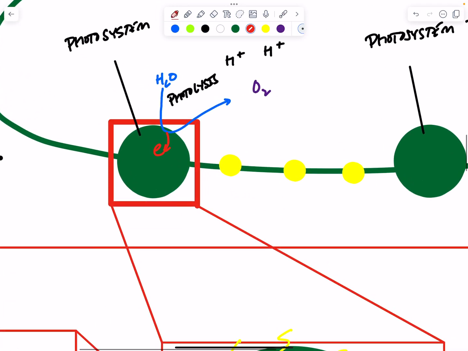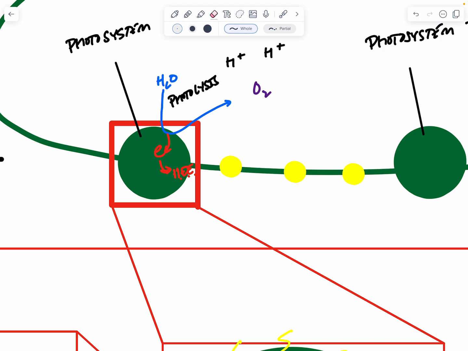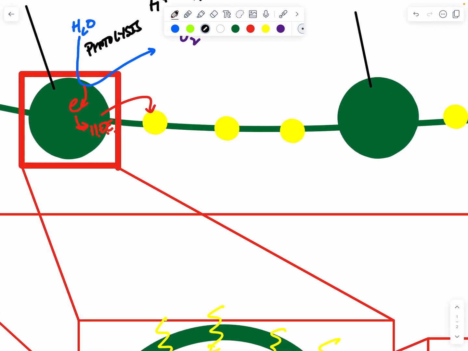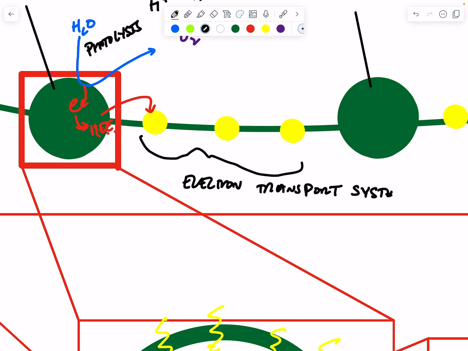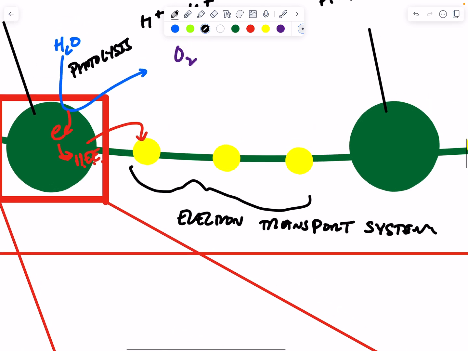So we kick out a high energy electron, so this becomes a HEE, and it's kicked out of the photosystem, and it is passed to a series of proteins that we call an electron transport system. Okay, this electron transport system uses some of the energy that's contained within the high energy electron to perform active transport.